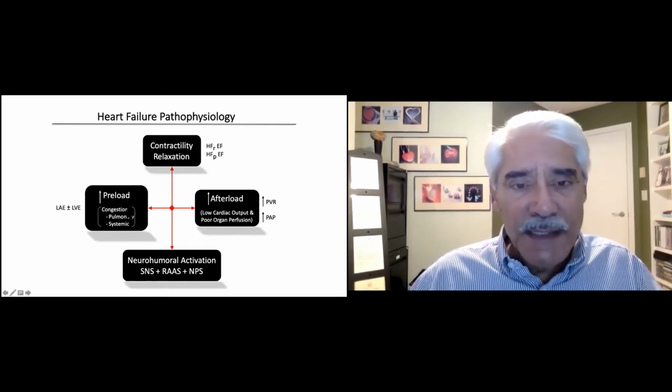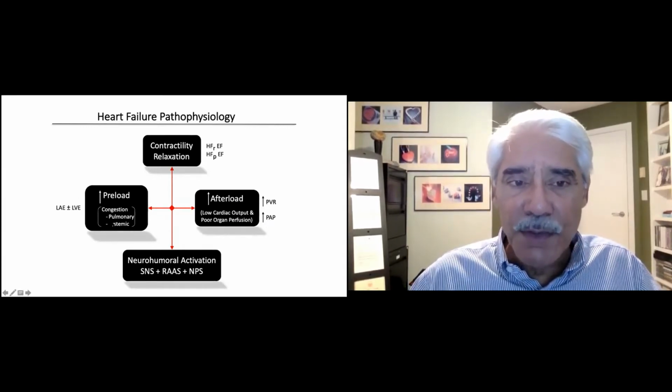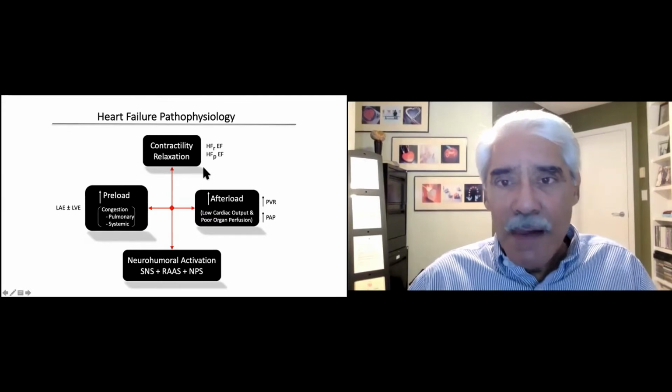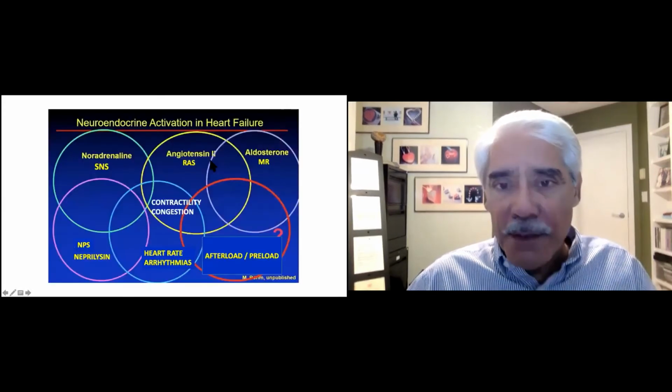On the other hand, there is congestion because of increase in preload, leads to left atrial dilatation. But in the case of diastolic heart failure, the left ventricle is not enlarged. It is usually of normal size. So those are the consequences.